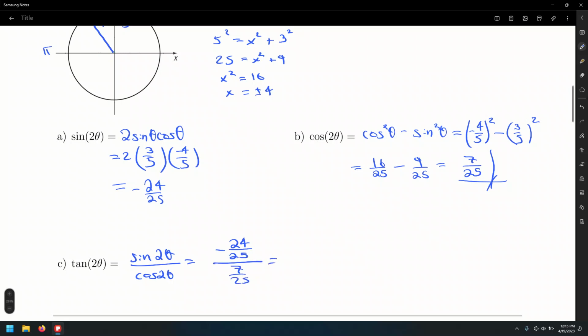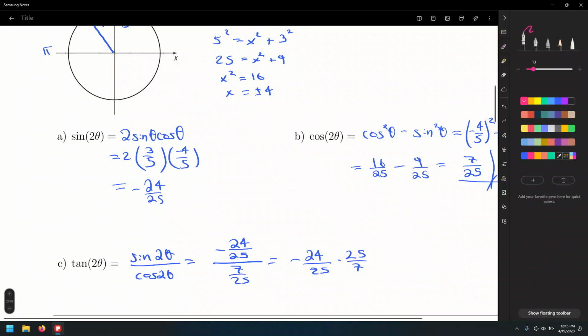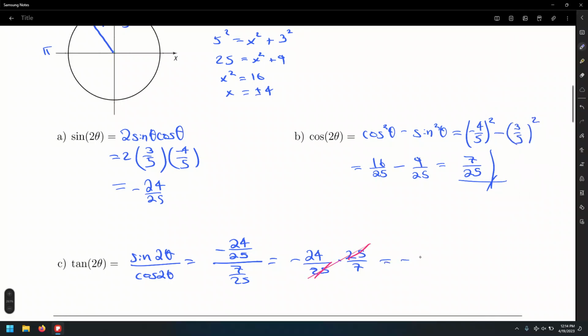And while dividing by a fraction, it's exactly the same as multiplying by the reciprocal. That is -24 over 25 times 25 over 7. And well, divide out the 25s to leave us with -24 over 7. And that's the final answer here.